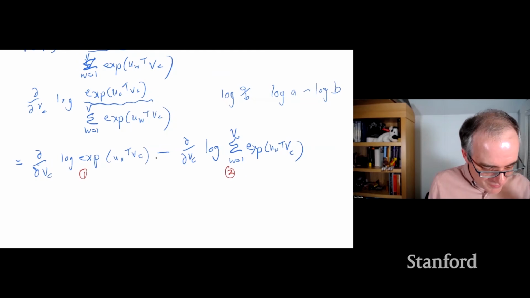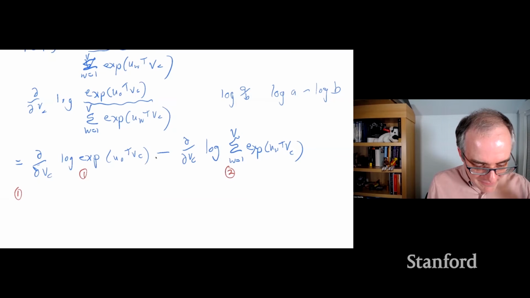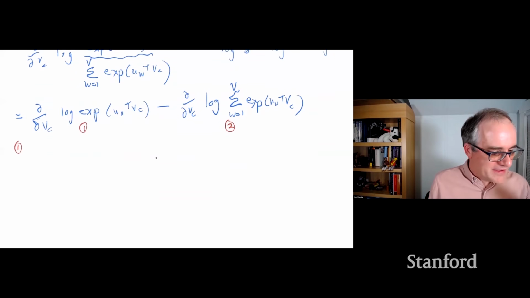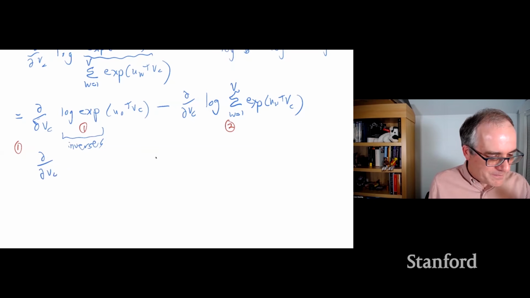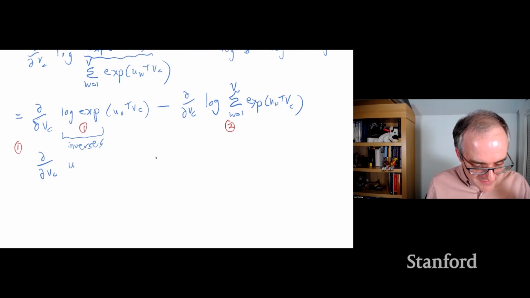So at that point, there are two parts. The first part is the numerator part. So the numerator part is really, really easy. So we have here that log and exp are just inverses of each other. So they just go away. So that becomes the derivative with respect to v_c of just what's left behind, which is u_o dot producted with v_c.